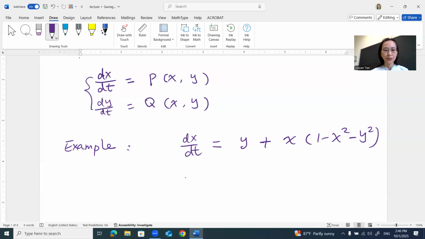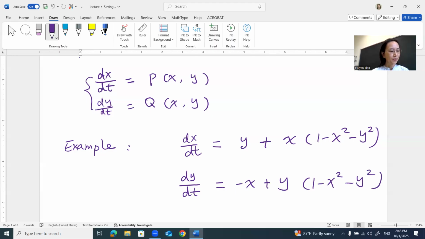And the Q, so if we write the second differential equation, the derivative of y, is also equal to an expression depending on x and y, so we have negative x plus y minus x squared minus y squared.